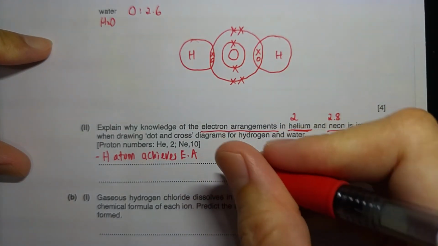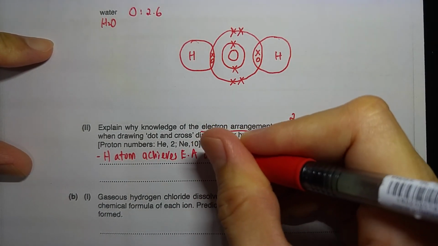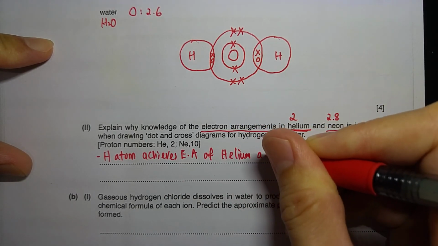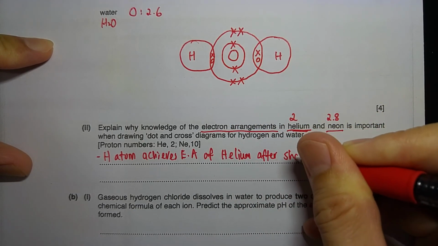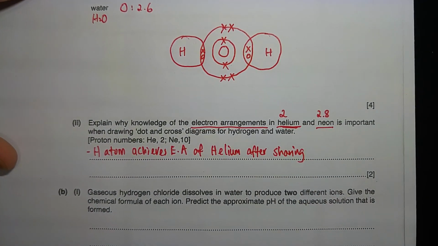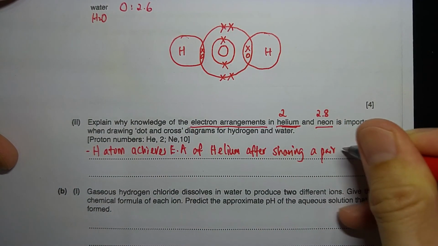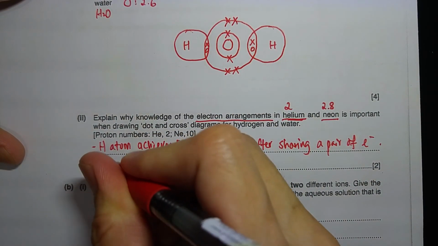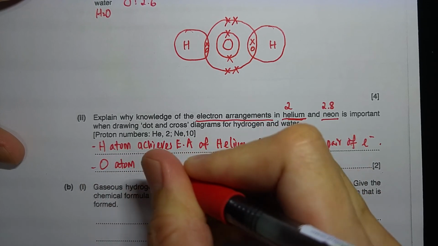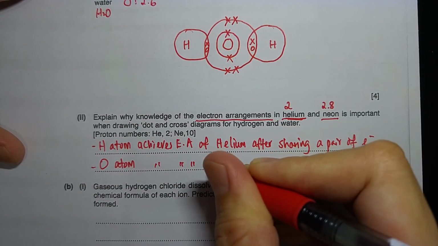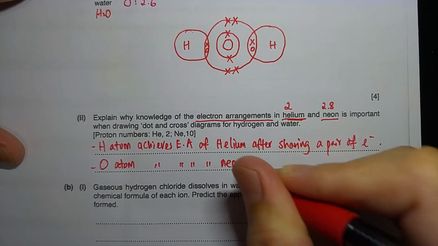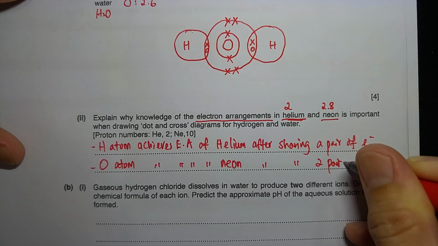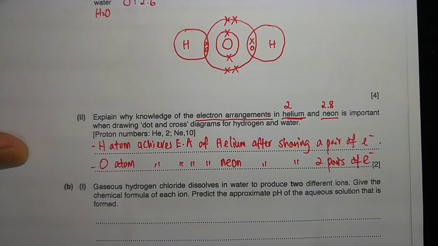Achieves electronic arrangement of helium after sharing a pair of electrons. And likewise, the oxygen atom also achieves electronic arrangement of neon after sharing 2 pairs of electrons.